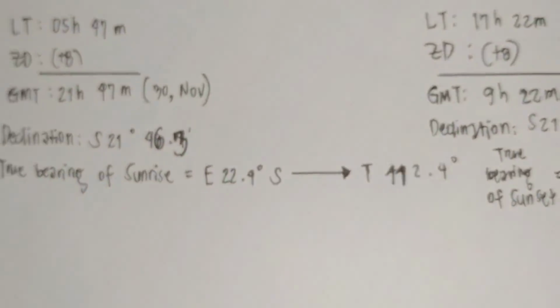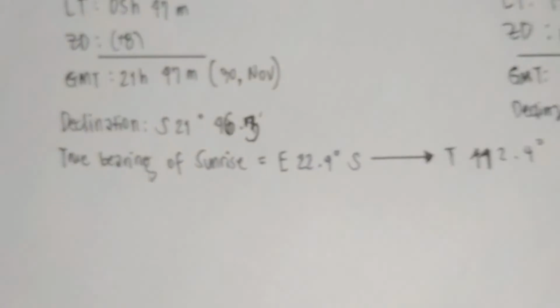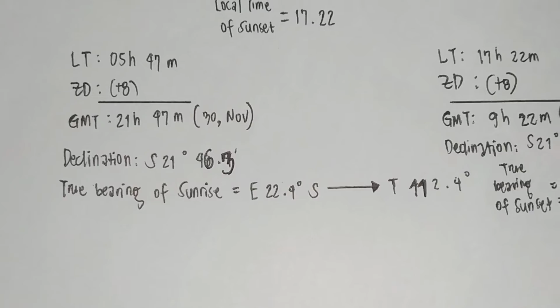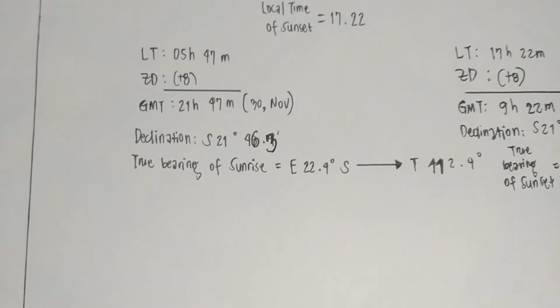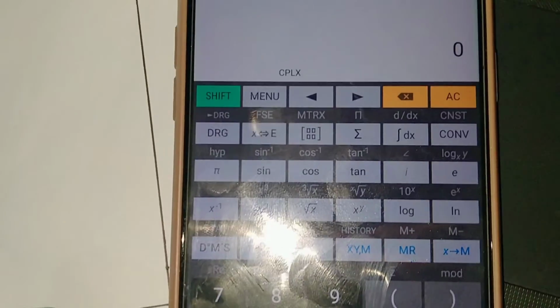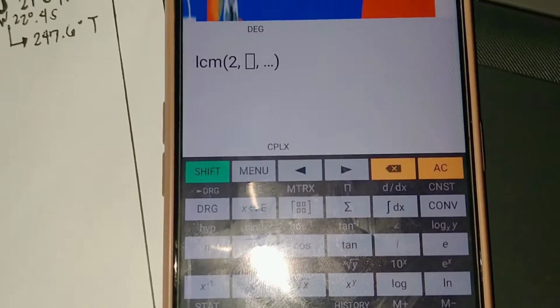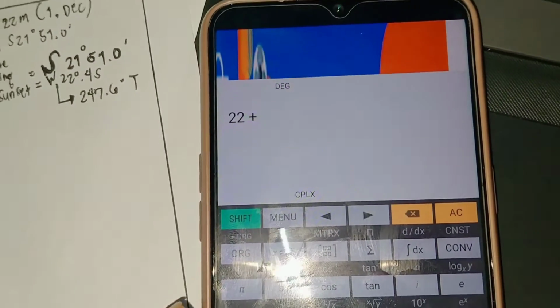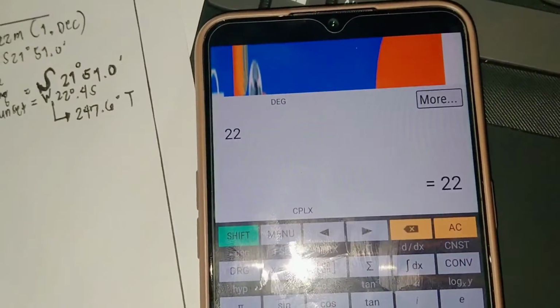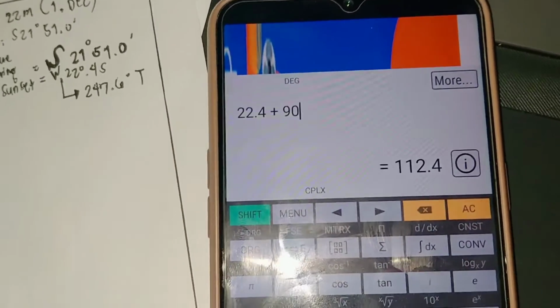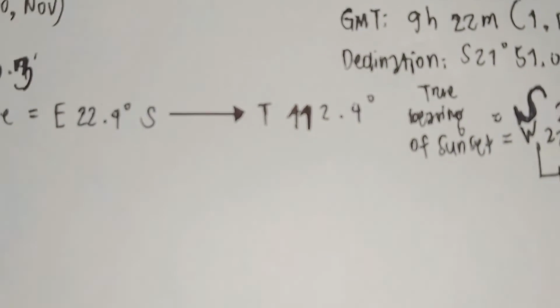So to convert it into true bearing, we have to add 90. So if we would calculate it, 22.4 plus 90 degrees would be 112.4 degrees.